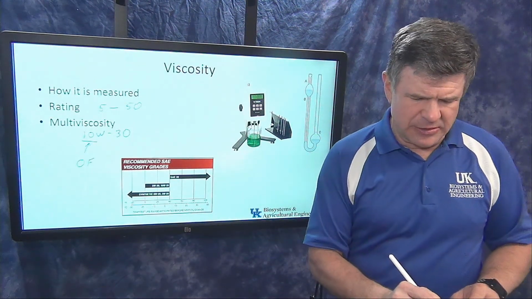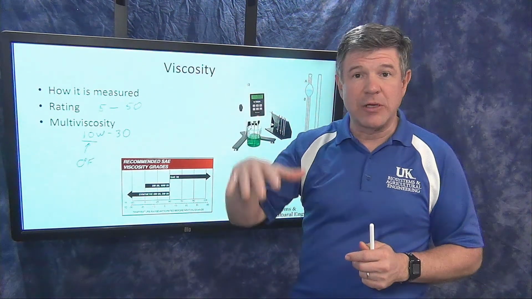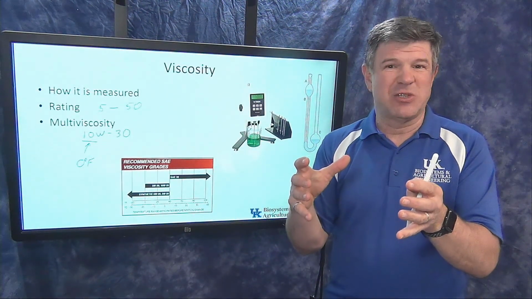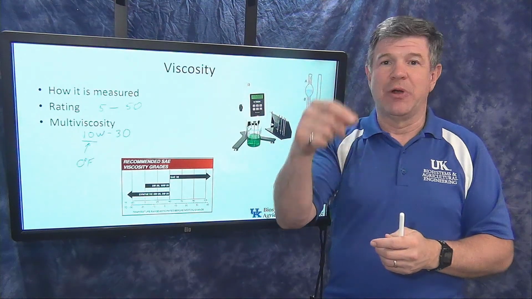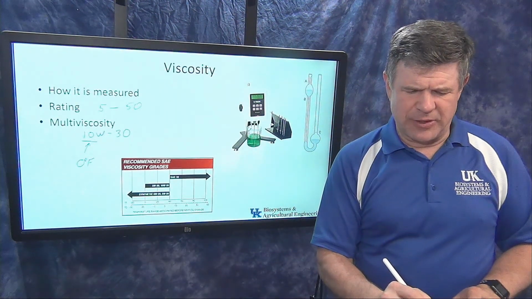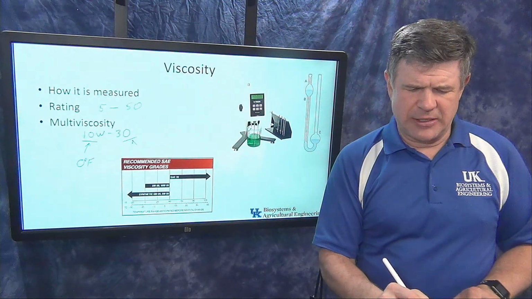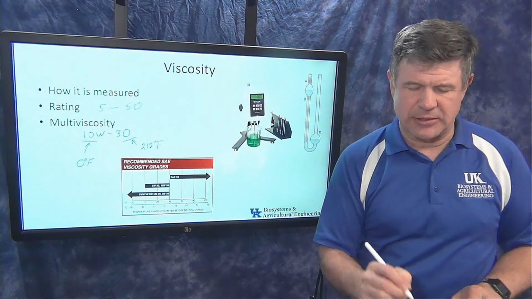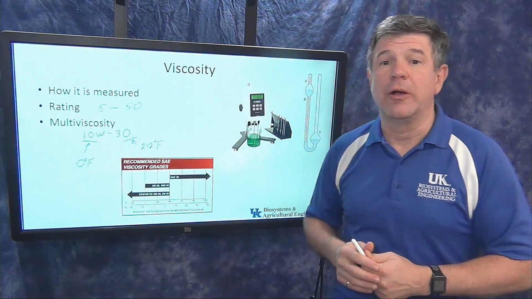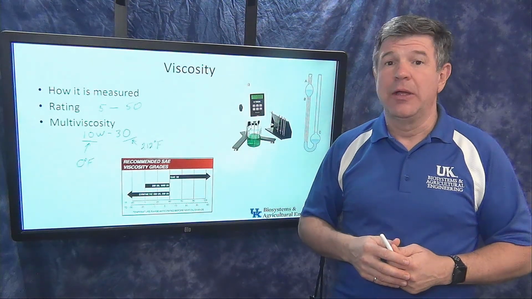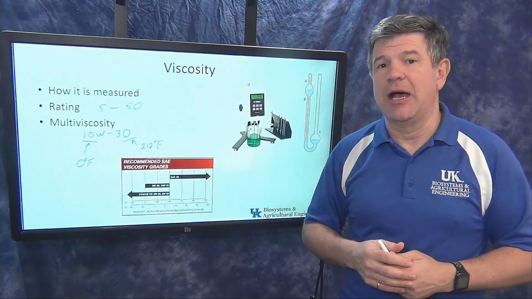So we put that oil at 0 degrees Fahrenheit, made it really, really cold, and see how long it takes to run through that. Then the numbers without the W are generally taken at 212 degrees Fahrenheit, which is the boiling point of water. So we take it up to really hot, hot enough to boil water, and then we do the test again and see how that runs through.